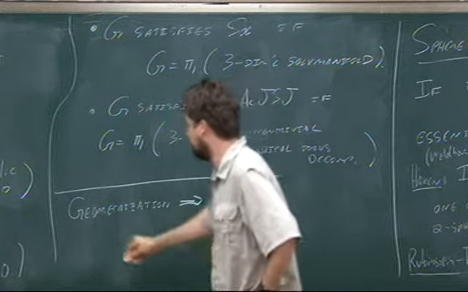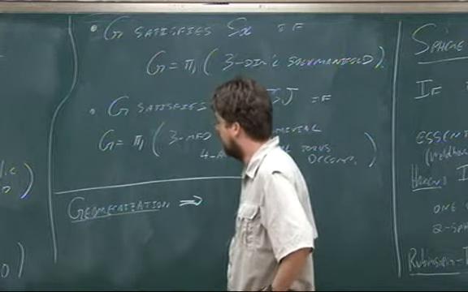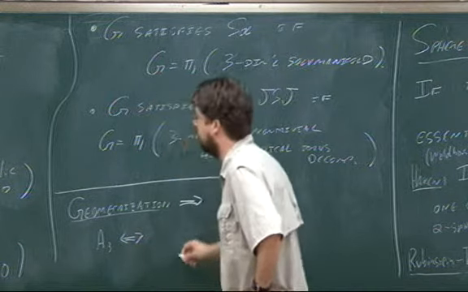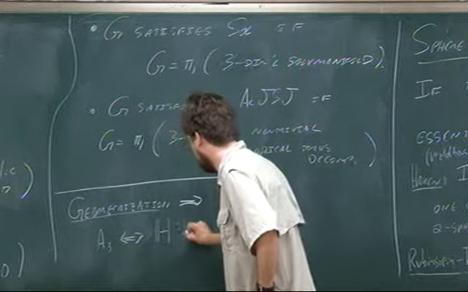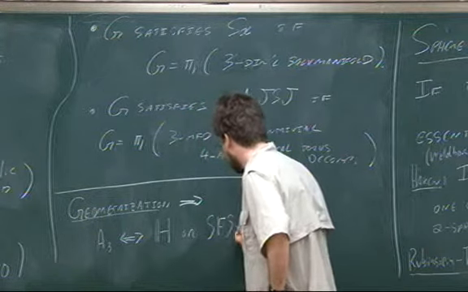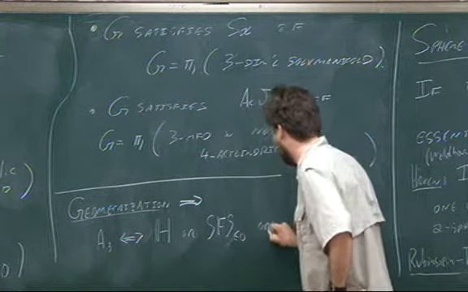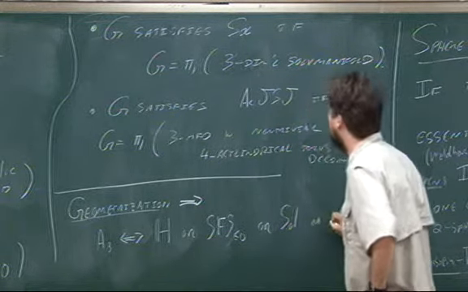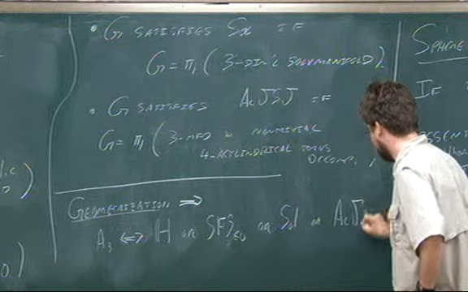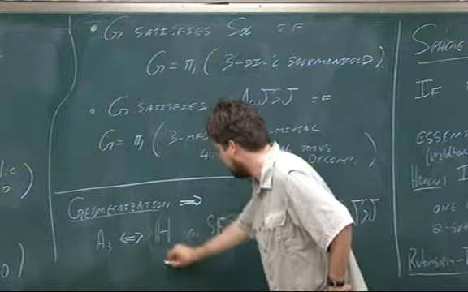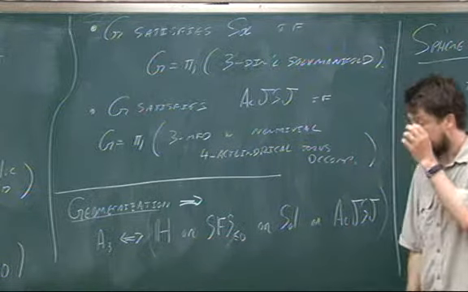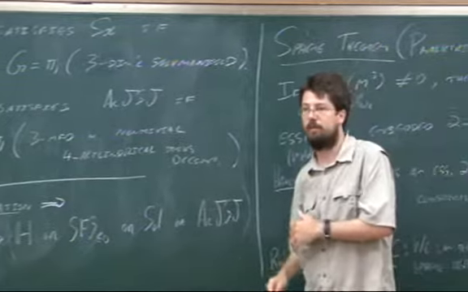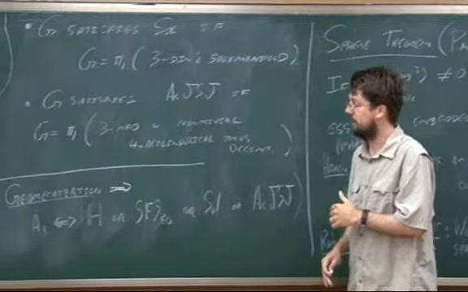And we'll say it implies, because this is really just the infinite fundamental group part, that A3 is equivalent to H or SFS less or equal to 0 or Sol or acylindrical JSJ. So every aspherical three manifold falls into one of these four boxes.